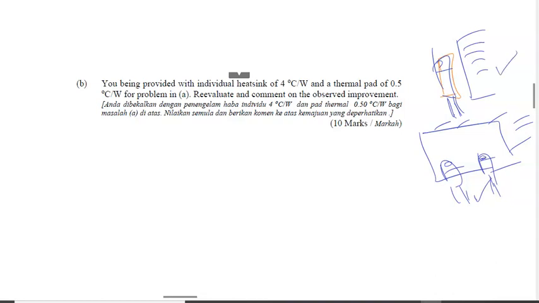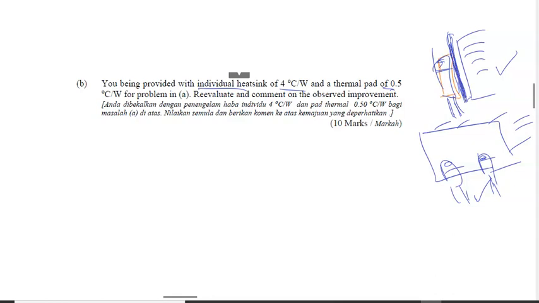So if you have an individual heatsink of 4 degrees C per watt of thermal resistance, and you have a thermal pad of 0.5. What is a thermal pad? It is the element that we have between your device and your heatsink. So this is your thermal pad or thermal paste.